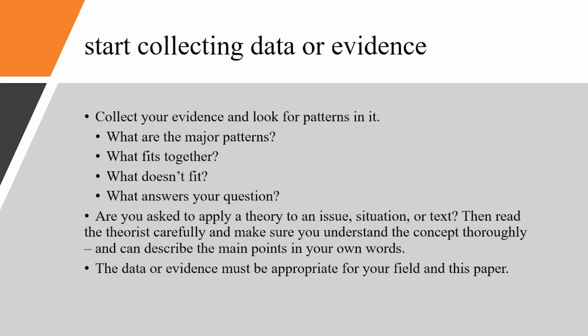It might include statistics, looking at government websites, for example, for population patterns, and so on and so forth. So you need to understand what evidence is appropriate for your course, your field, and this particular assignment. Generally speaking, once you have collected that evidence, you look for patterns in it.